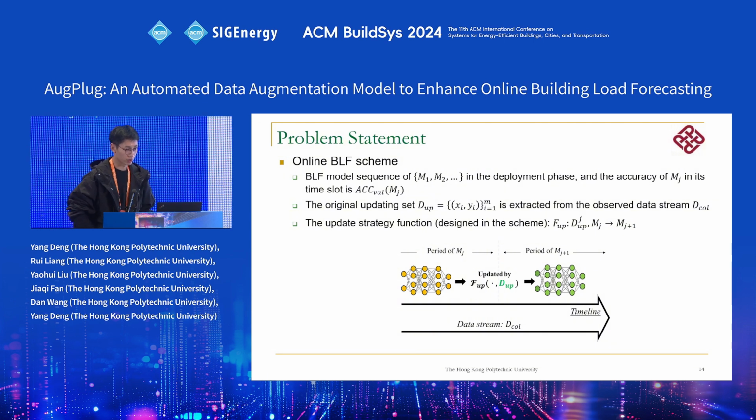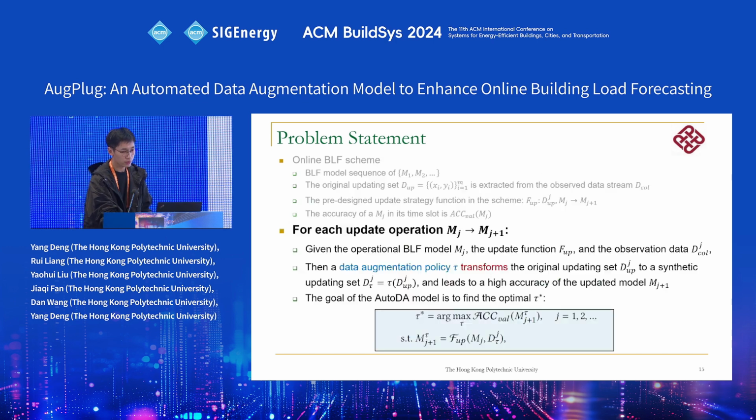We first introduce the problem statement, and then we show the solution. In this scenario, the model deployed in a building can be denoted as a model sequence. The original updating set prepared by the online building node forecasting scheme itself is denoted as D-up, which is extracted from the observed data, and then the update strategy designed by the scheme is F-up.